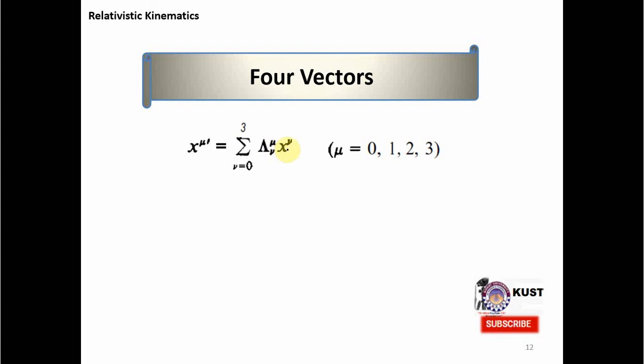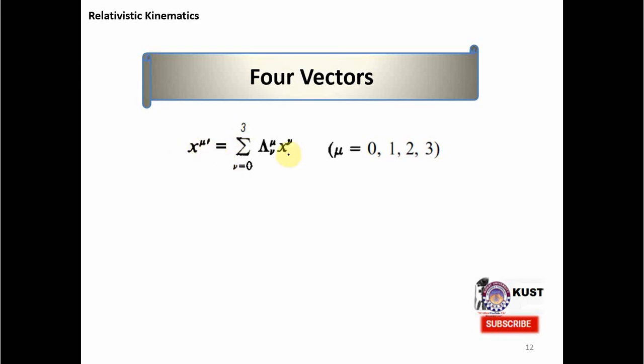This is called the Einstein summation convention, and we even get rid of the summation symbol. Whenever nu is repeated, it means we have to sum over nu over its range, so we don't have to write nu equal to 0 to 3. It is an even further simplification. In particle physics books, you will find this notation even without the sigma sign.